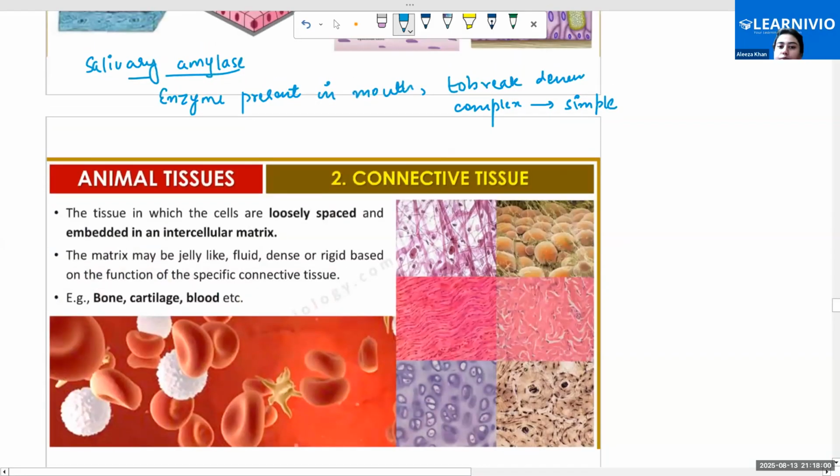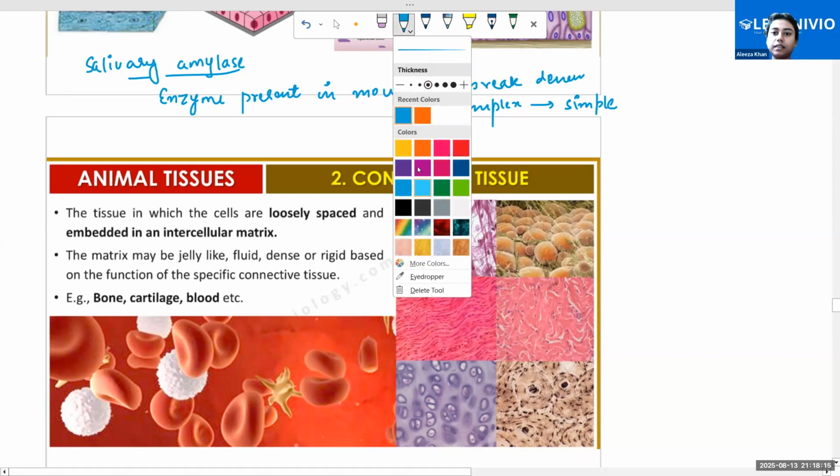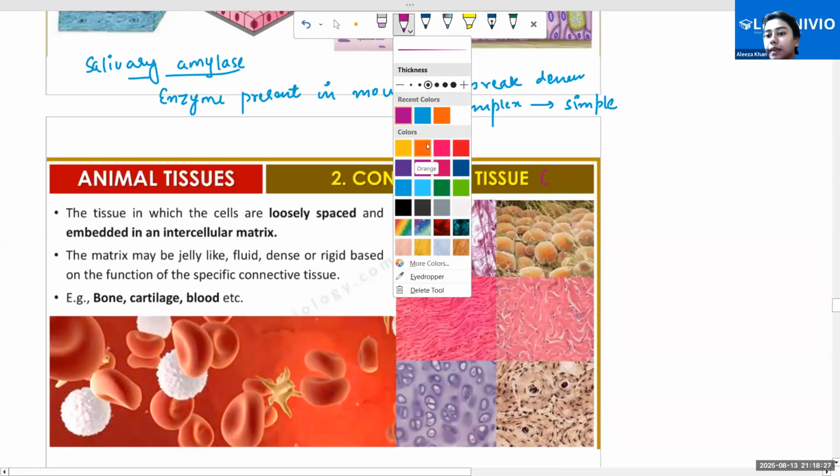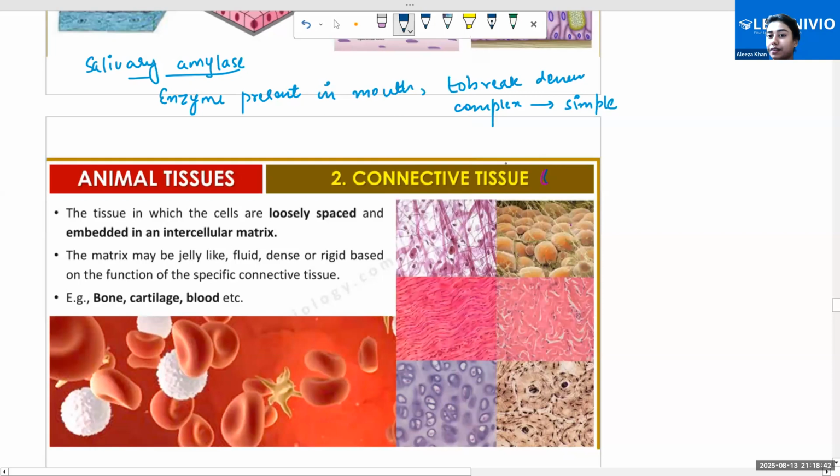Okay, what do you mean by connective tissue? Why are we calling these tissues connective? Because they connect to each other.